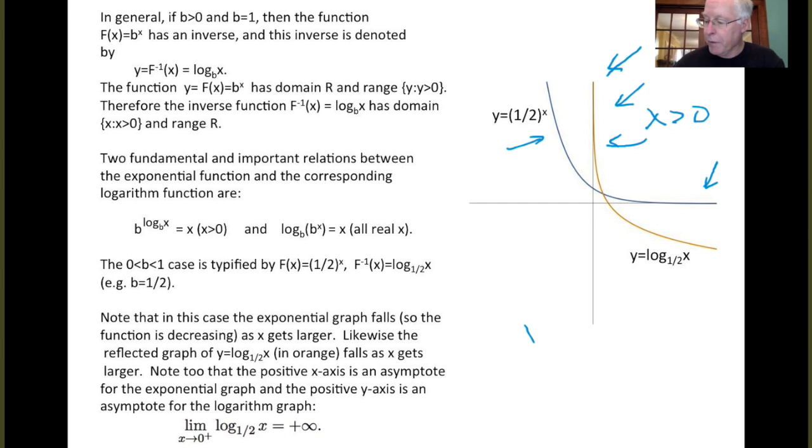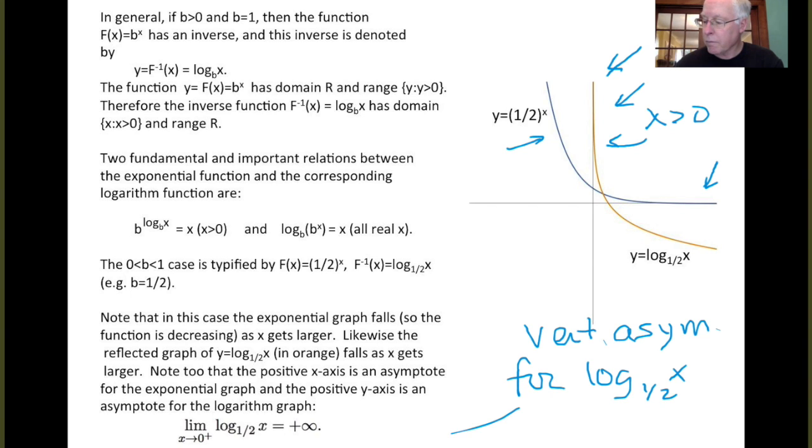And so this vertical asymptote for the log function is described analytically in that way. As x gets small and positive, the log to the base 1/2 of x gets large and positive, and so that limit is plus infinity.